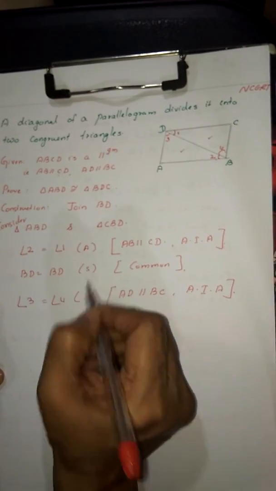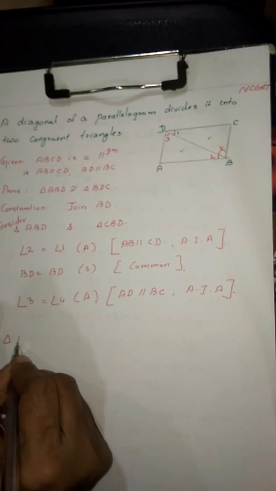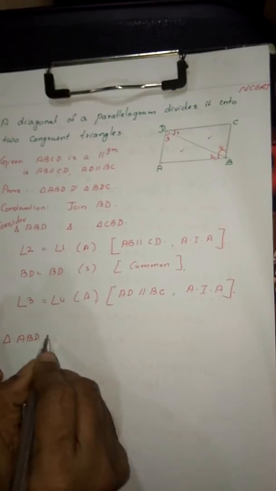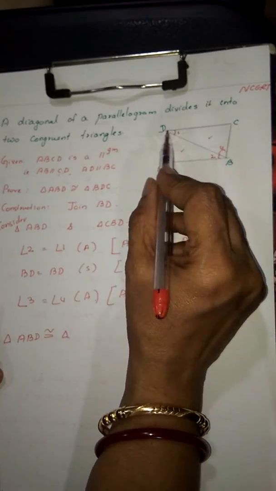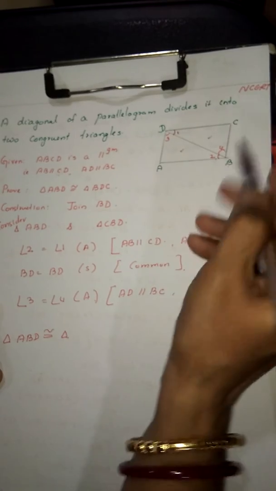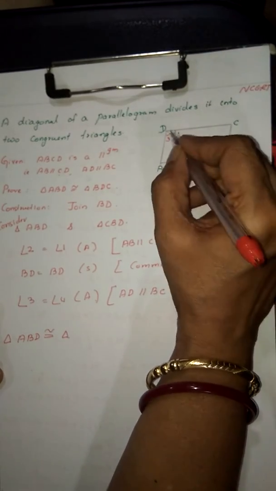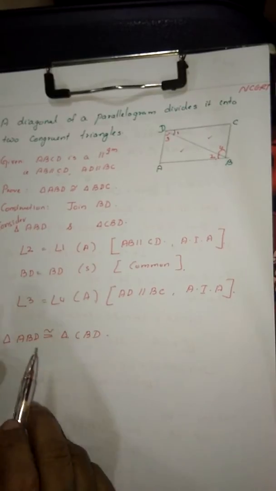Now the two triangles are congruent by ASA congruence. So triangle ABD is congruent to triangle CBD.